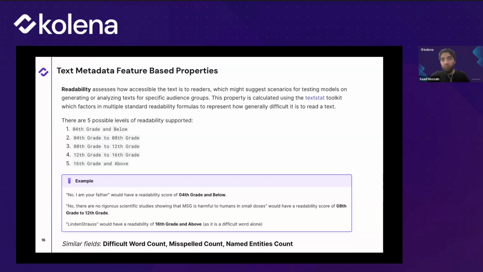We can use this to assess how our model performs for texts catered to people below eighth grade or above eighth grade, and understand how our model behaves in these different scenarios. And this is fairly extractable.